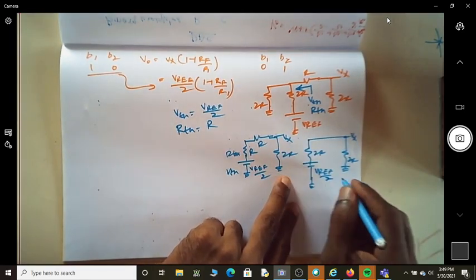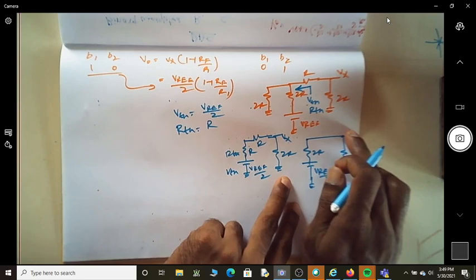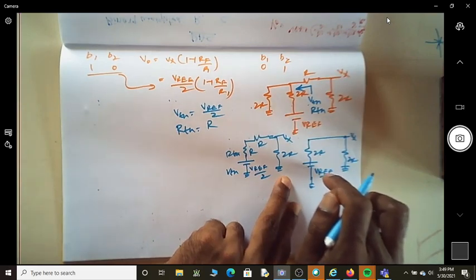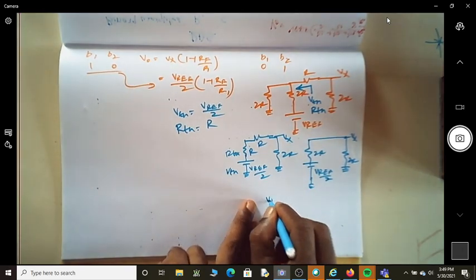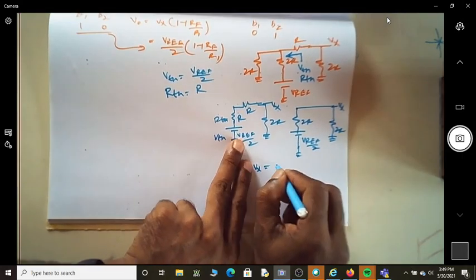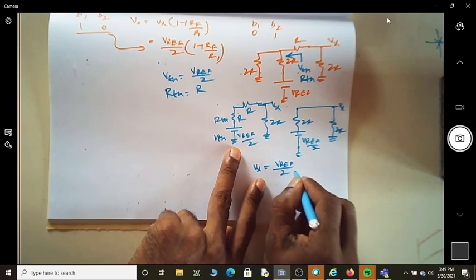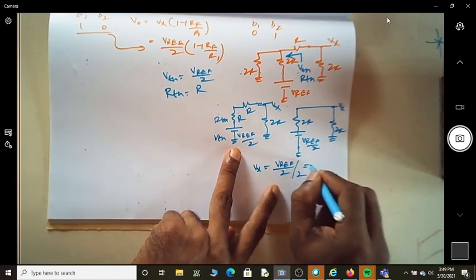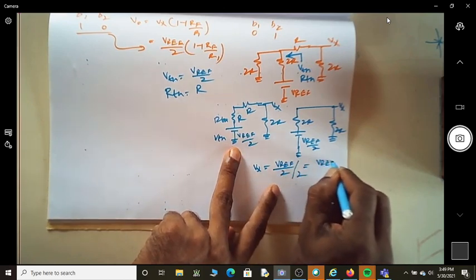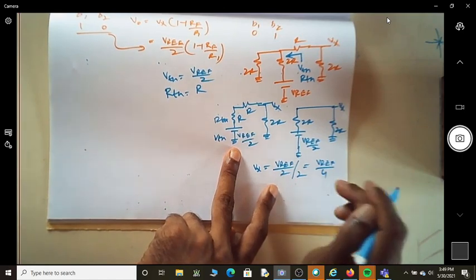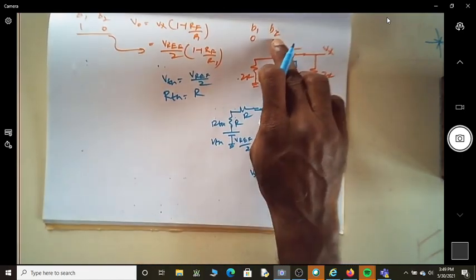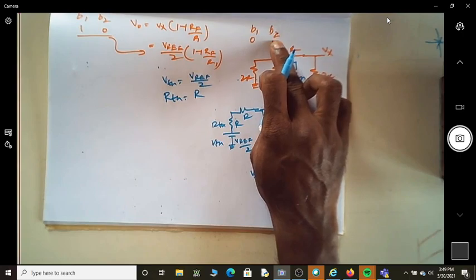So if you carefully look at the voltage of Vx, having a source of V reference by 2, does Vx equal V reference by 2 whole by 2? Is it actually V reference by 4? This is V reference by 4 when B2 is 1.